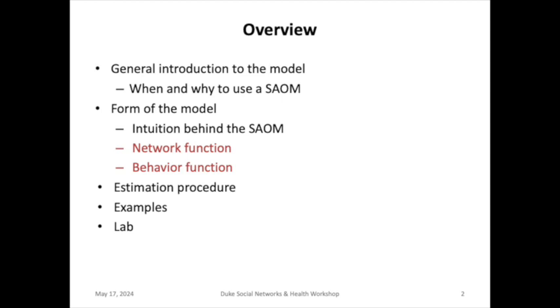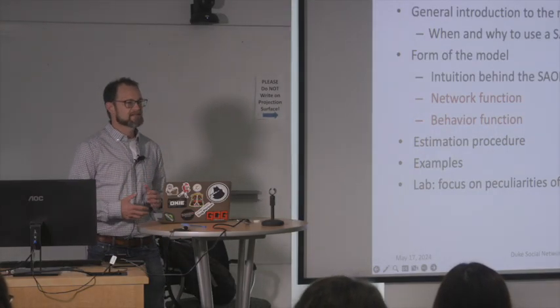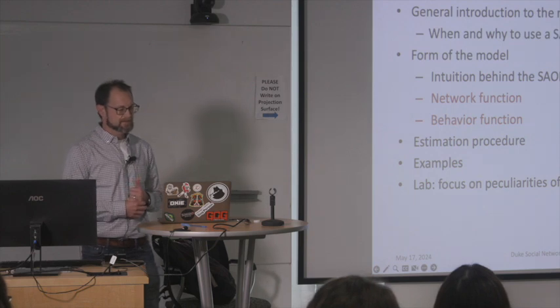One reason might be because you're interested in questions of peer influence and want to control for selection into relationships. But there are a number of other capabilities within a SIENA model. So I want to give you some insight into what that range is and some of its flexibility.